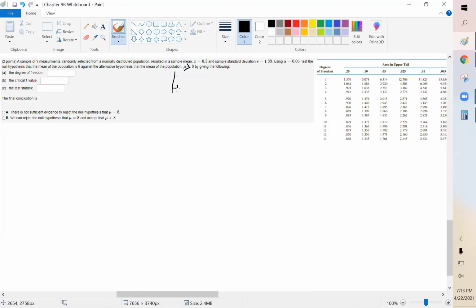So first we have to get our hypotheses. In this case, our null is that our mean is 8. Our alternative is that our mean is greater than 8. Our degrees of freedom is n minus 1, so 7 minus 1, so 6. Okay.